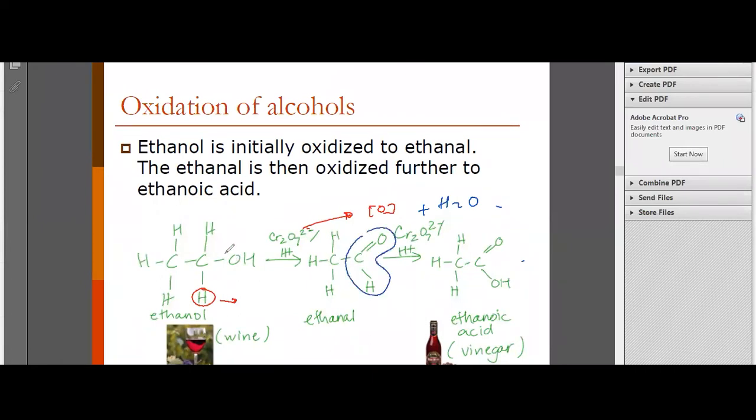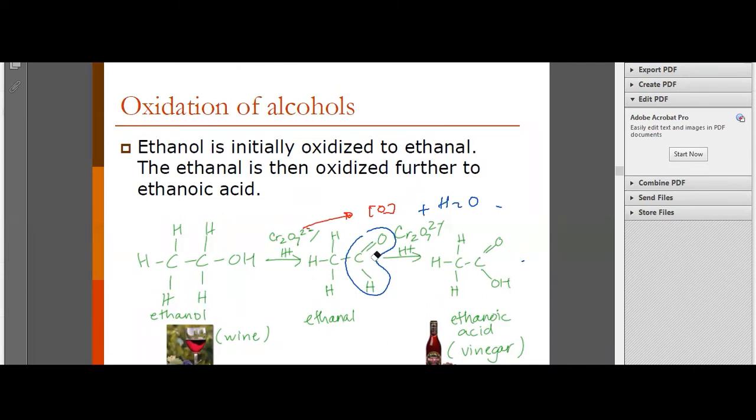Once again, the electron and electron combine to form a double bond. So this is the aldehyde functional group, C double bond O. So now we already have aldehyde.